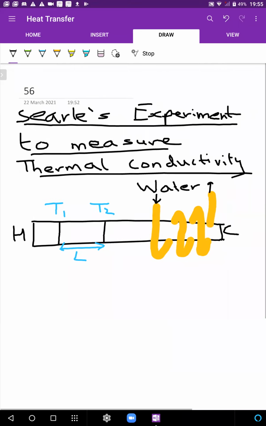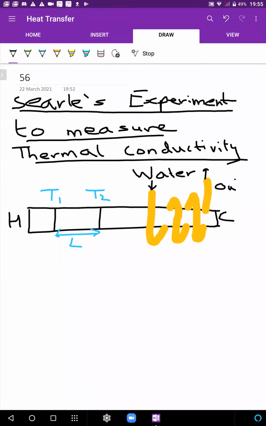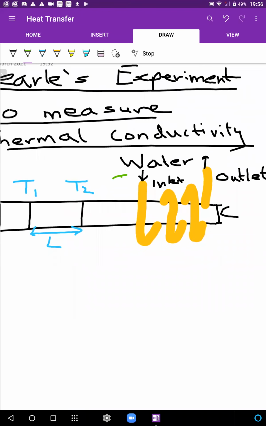Okay, inlet and outlet. तो water वहां से निकल रहा है और यहाँ से enter कर रहा है. Okay, and what we're going to do with the water is we are going to measure the temperature at which water enters. So you'll find that the temperature at which water enters is T3. यहाँ पे the temperature is T3. Water is entering at a temperature T3.